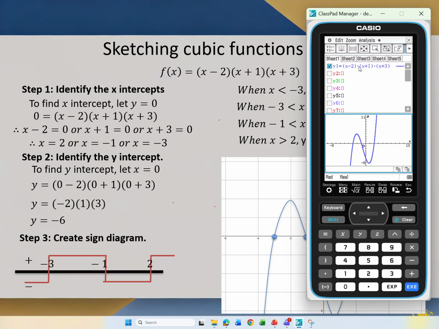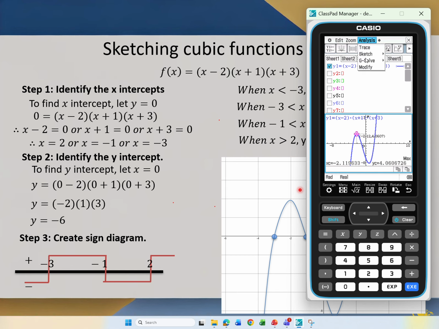So I've graphed it. Now this is where we can go Analysis, G-Solve, and I could find my y-intercept. I could find my root that I've already got. And I can also go, I want to find my maximum. So this is where it tells me that local maximum that I have, which is when x is -2.11, y is 4.06.